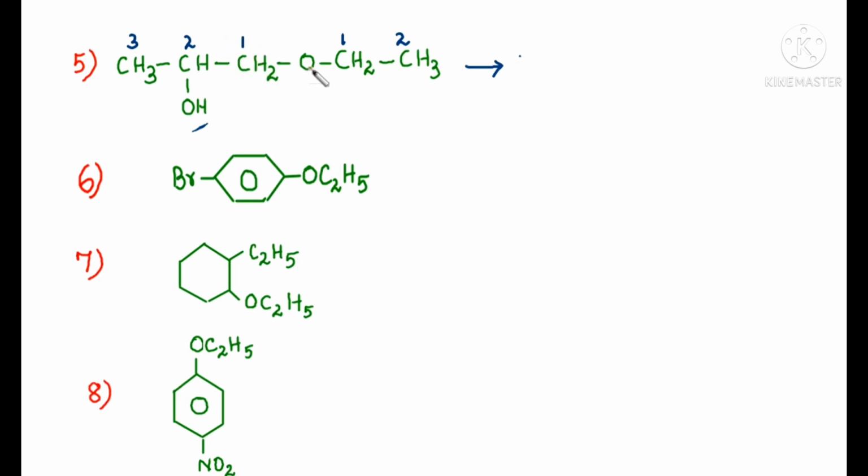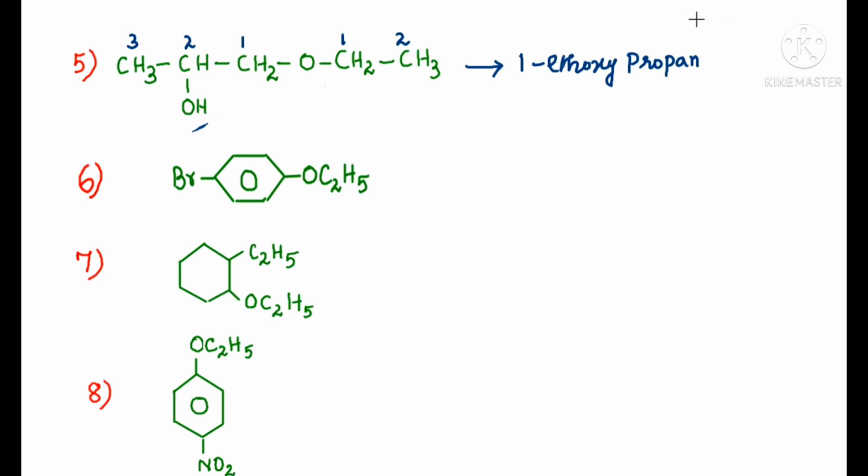So 1-ethoxy. Then this is propane, the propyl group, so the parent alkane will be propane. So how to write propane?